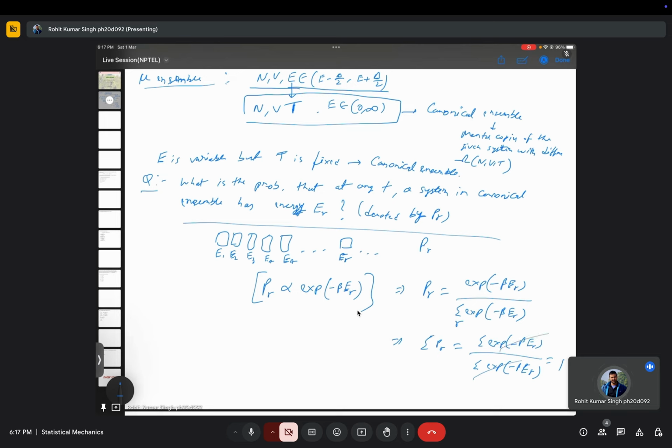So this is the probability that a system in the canonical ensemble has energy Er. Is this fine? This summation is over all the states accessible to the system, which you can say is the sum over all the systems in the canonical ensemble.